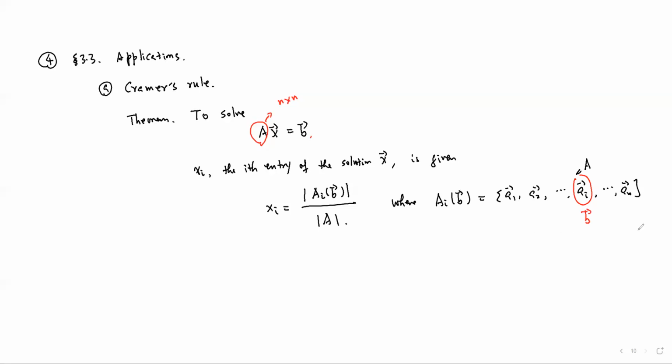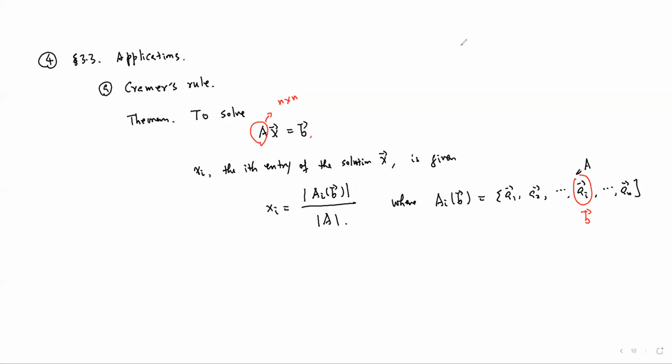This new matrix is A_i(b). Compute the determinant of this new matrix, then divide by the determinant of A. You get the ith entry of the solution.